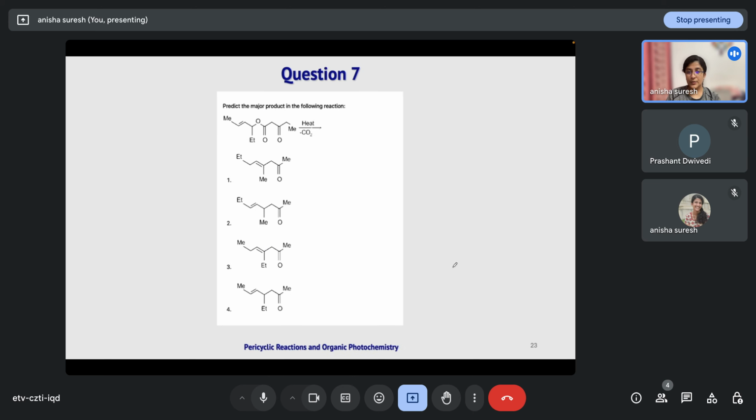So this was our question. This is undergoing a 3,3 sigmatropic rearrangement, followed by a decarboxylation reaction, which is also known as Carroll-Claisen rearrangement. And the final product that is forming is option 2, this one.